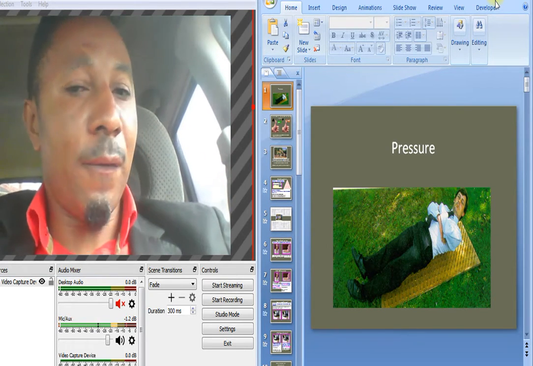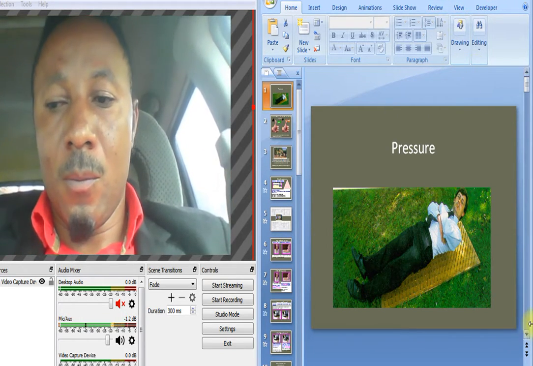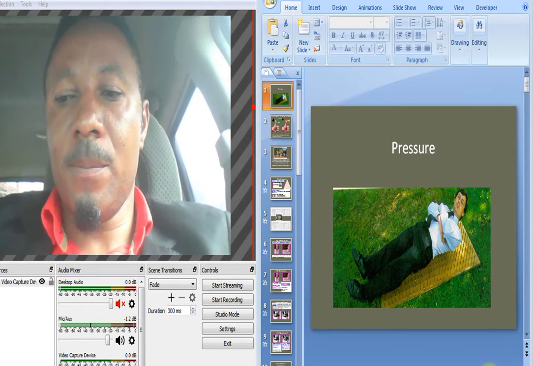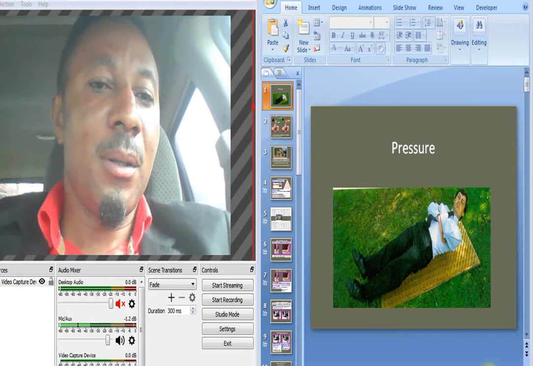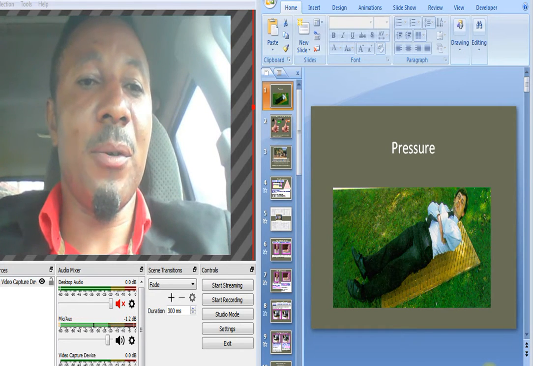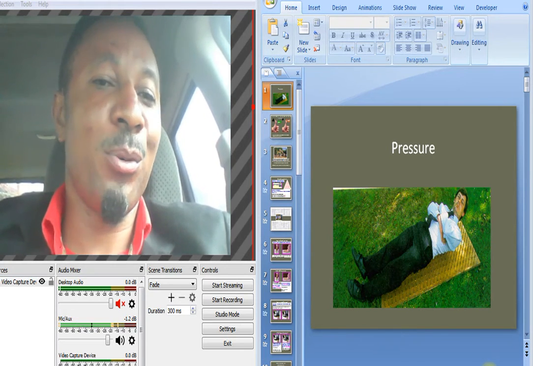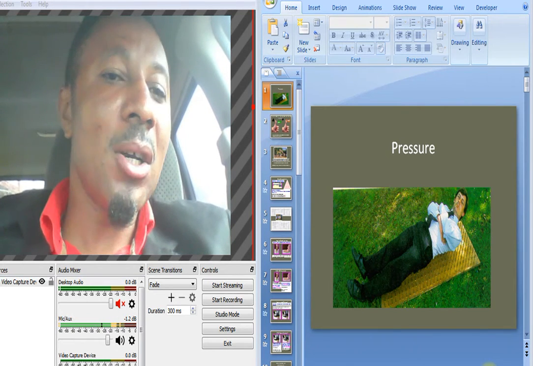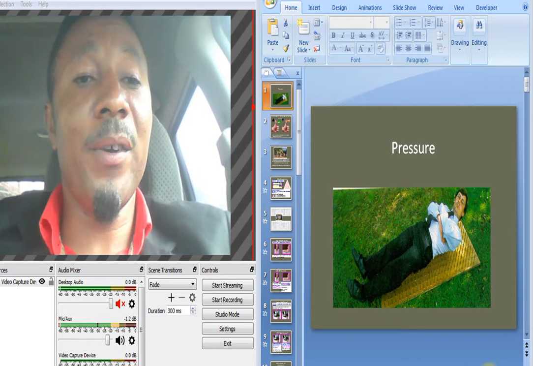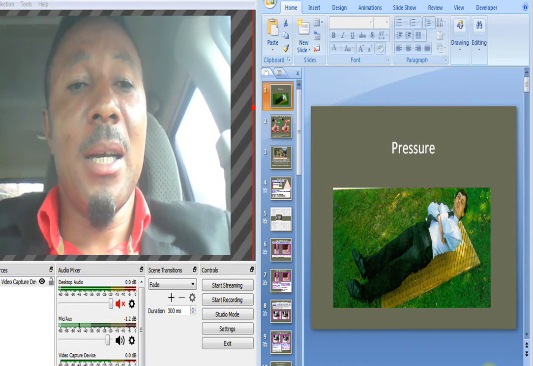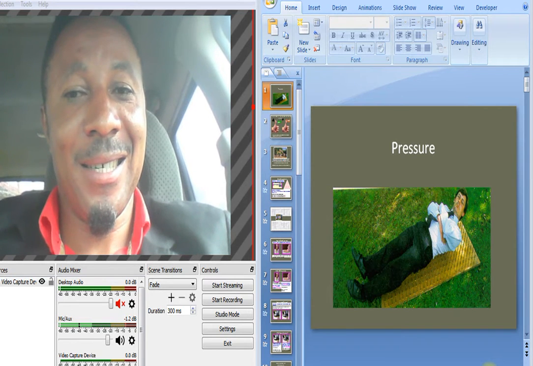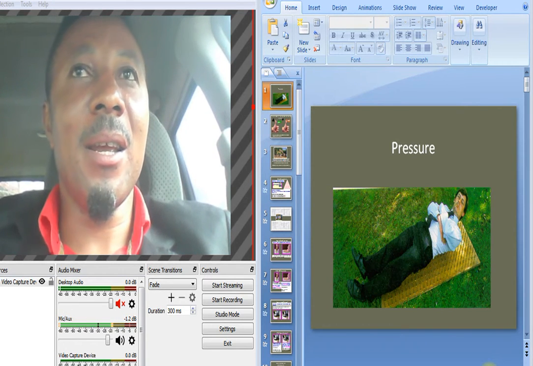Many of you are not familiar with pressure. How many of you have heard of the word pressure? "Don't put pressure on me." "You're putting more pressure on us." But pressure in physics is actually a force or weight acting on a given area.